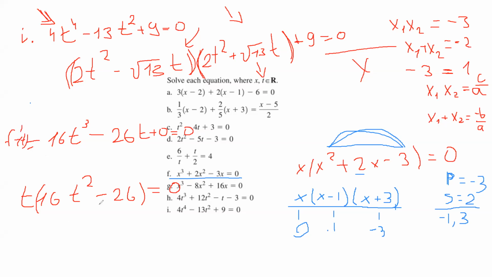Should we factor out a 2? Yeah, we can, to simplify it a little bit. So it would be 2t times (8t squared minus 13) equals 0. So now we just need to find solutions for this.